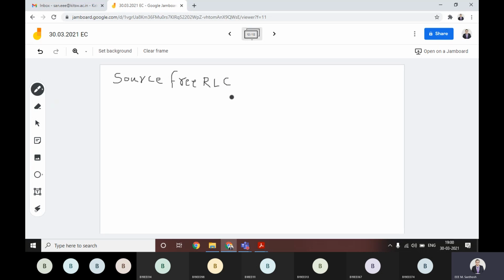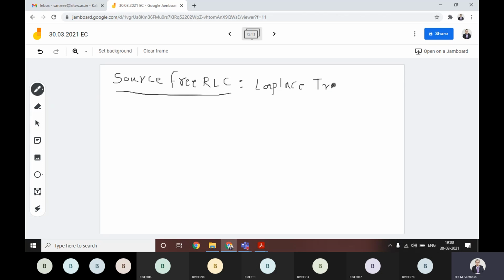Okay, you have to use in this case the Laplace transform approach. That means you need to know the Laplace transform to solve any kind of RLC.